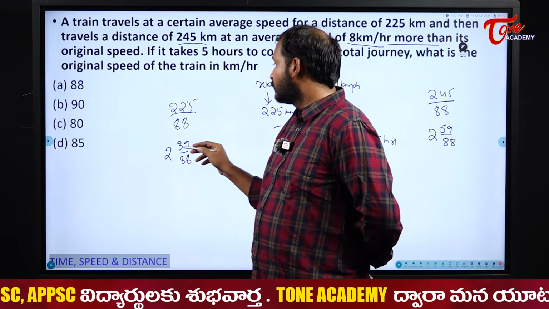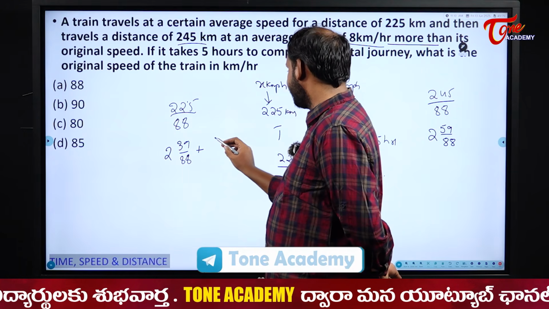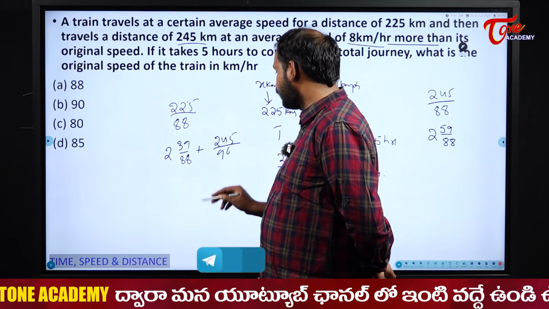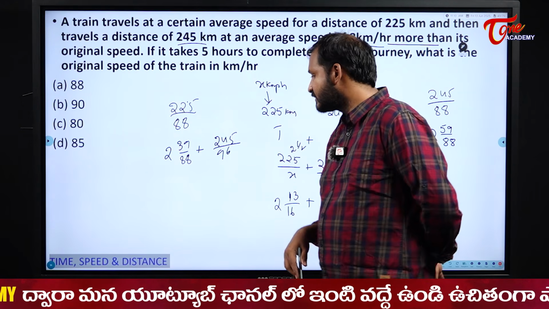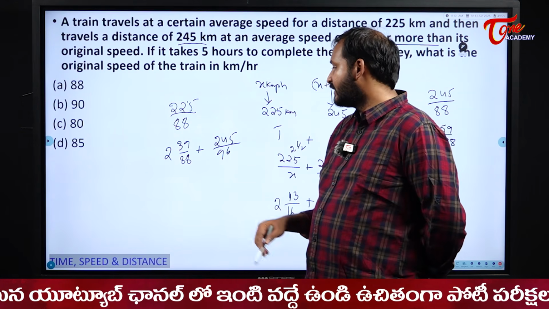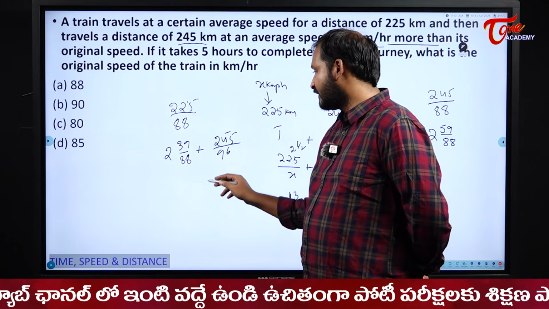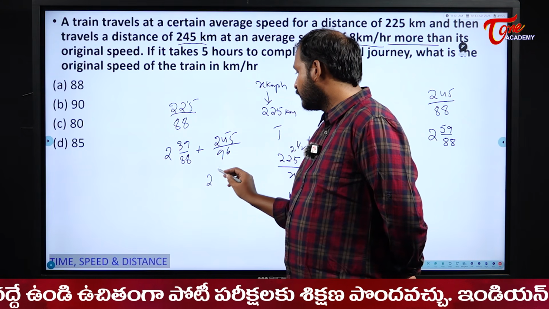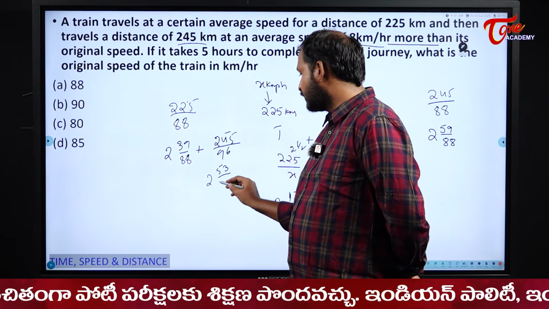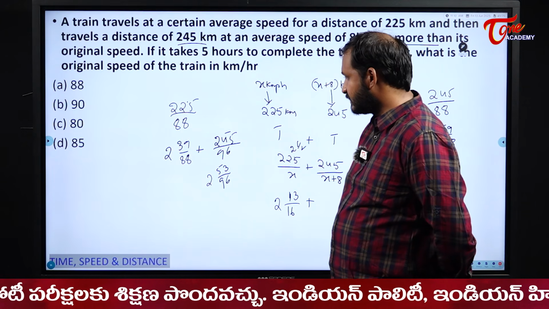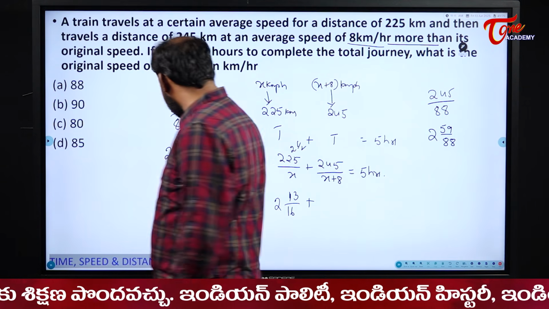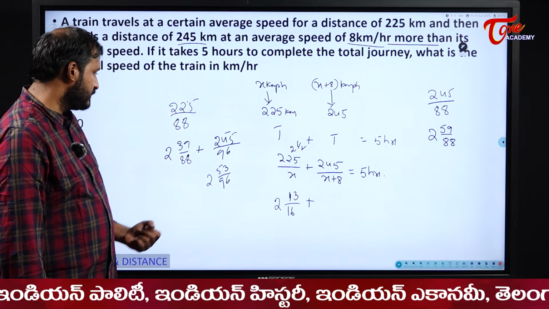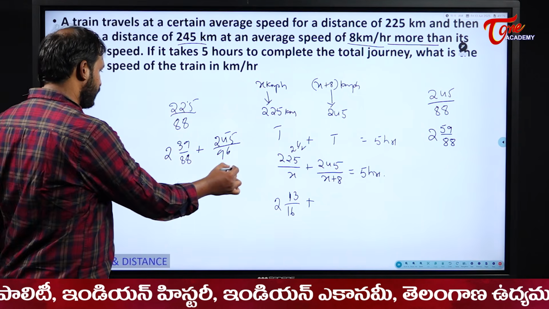So 245 by 96 means 96, 96, 192. I will be left with 53. So 253 by 96. If you add all these times, what will you get? Approximately 253 by 96 and 39 by 88. Here also we are not getting it.